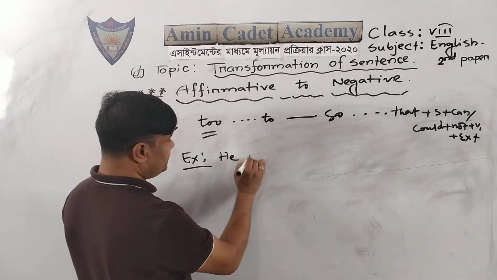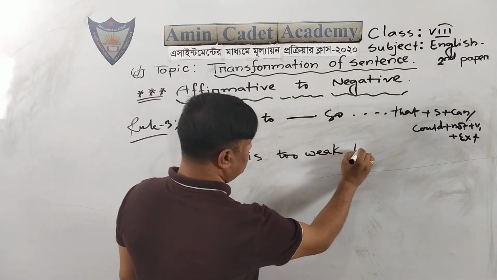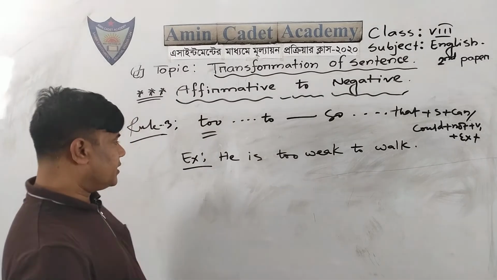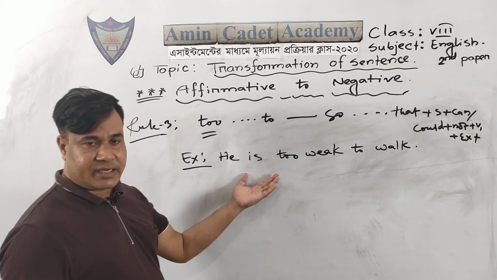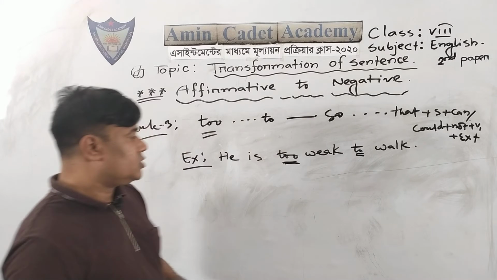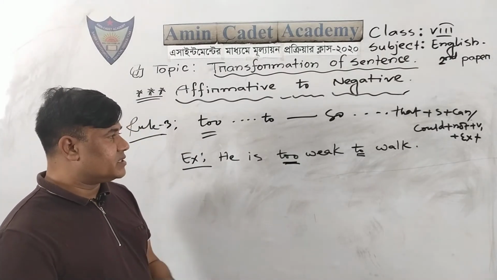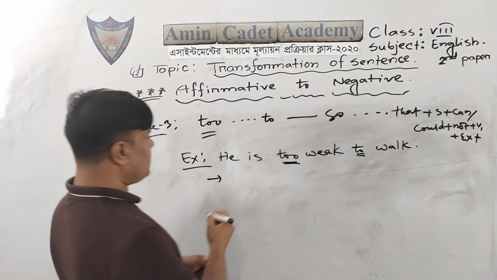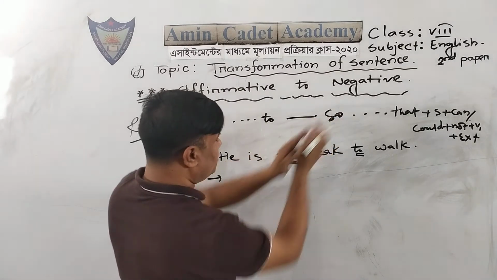He is too weak to work. He is too weak to work. This is an affirmative sentence, and this affirmative sentence carries too ... to. So how will you transform this affirmative sentence into a negative sentence? It's very easy for us. Okay? Now follow. Instead of too, we should write so.